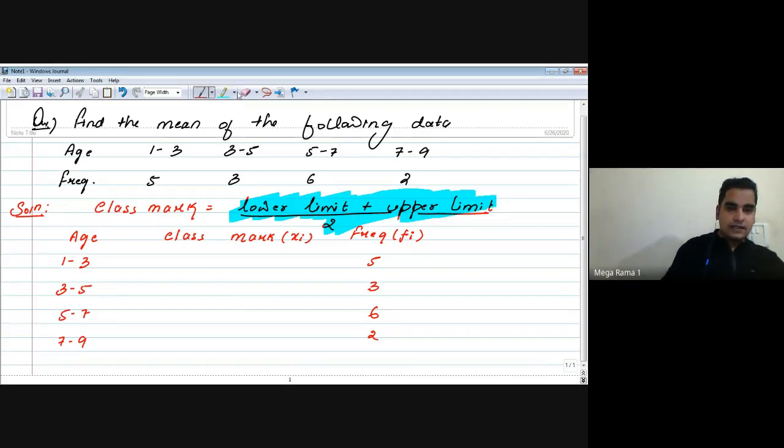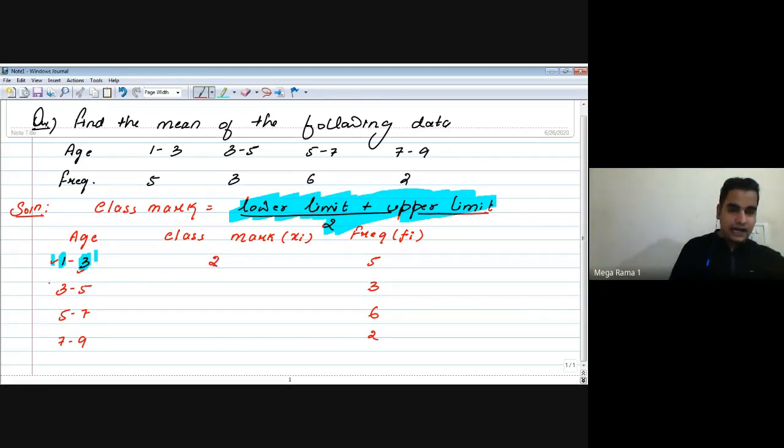This is the lower limit here, and this is the upper limit here. If you add 1 and 3 and divide by 2, what will you get? 2. So that means the class mark corresponding to this interval is 2.